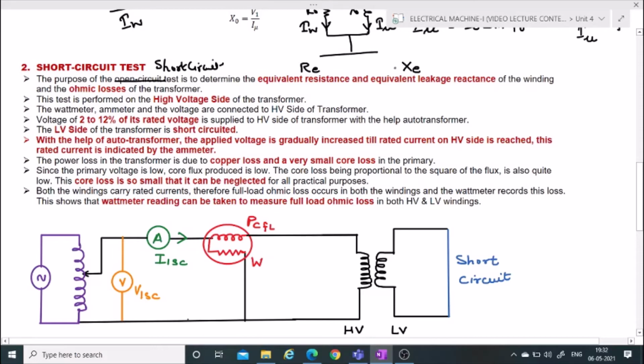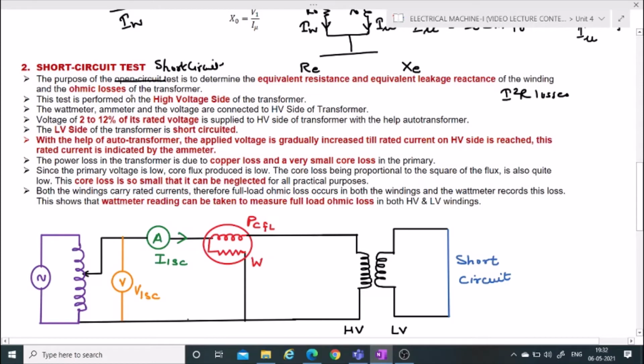In the open circuit test we calculate I naught plus the core losses. Here we are calculating RE, XE and the ohmic losses. Ohmic losses are the I square R losses or copper losses. So in the open circuit test we calculate the core losses, and here we calculate the I square R losses or ohmic losses.